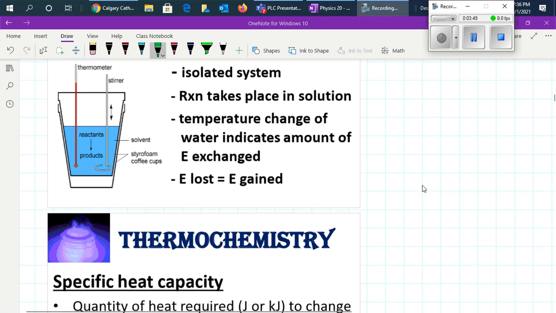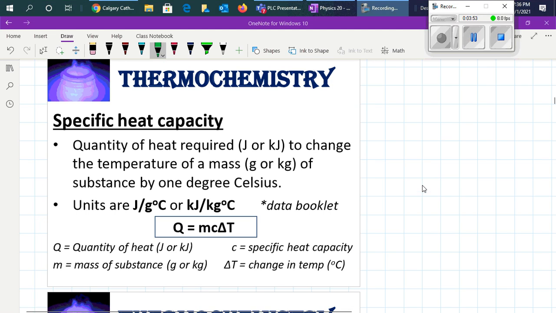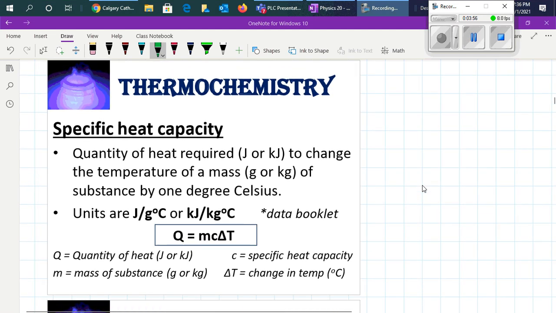We even mentioned that water serves us as a very good surrounding because of the relatively high value of the specific heat capacity that it has.